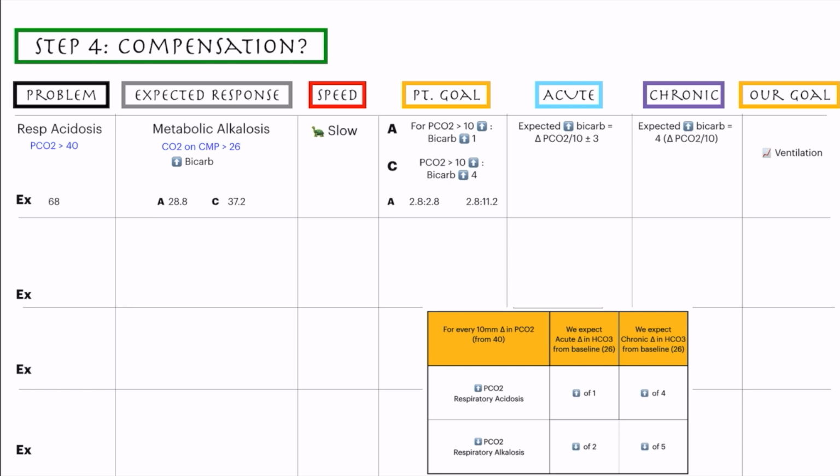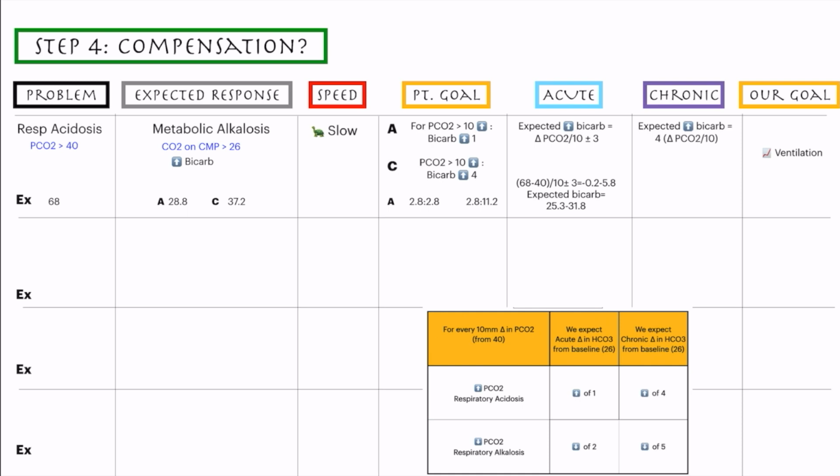So you see the difference, right? In acute compensation state, it's going to go up a little bit, but it's still in that normal range. But once you get to the chronic component, it is really doing the work and it is driving it up pretty high. This is how you work out the equation step by step. 68 minus 40 divided by 10 plus or minus 3, which gives you a correction cofactor range.